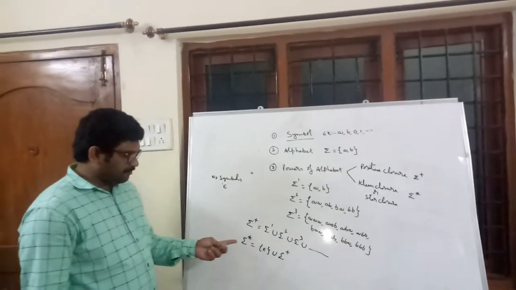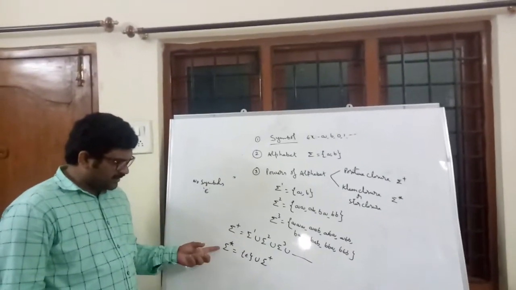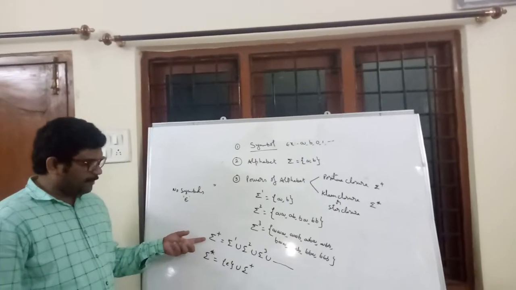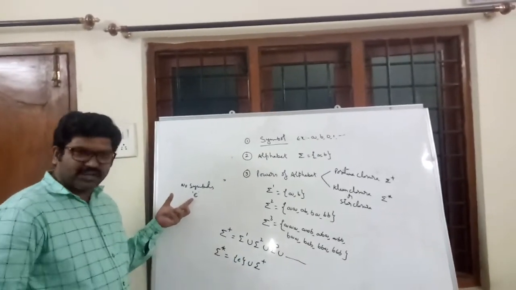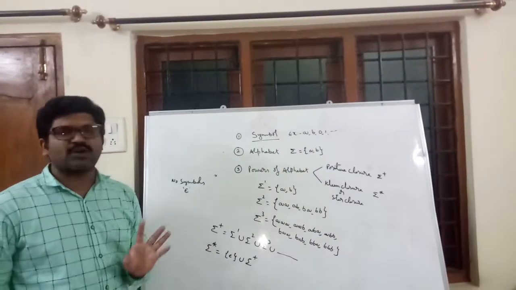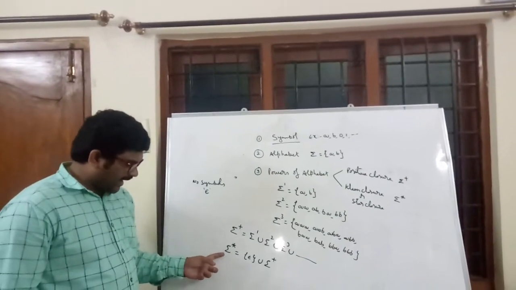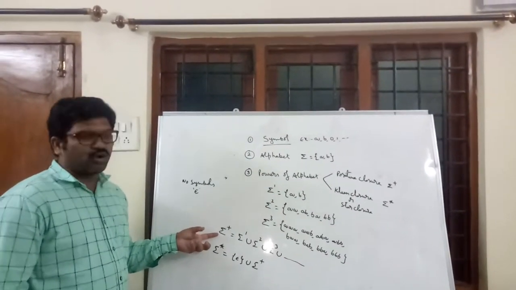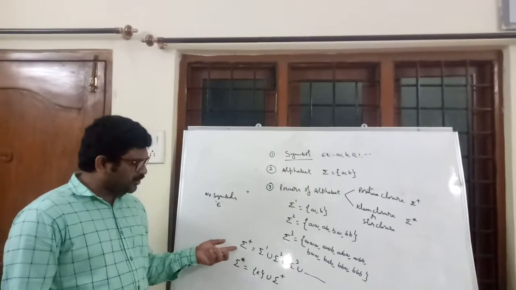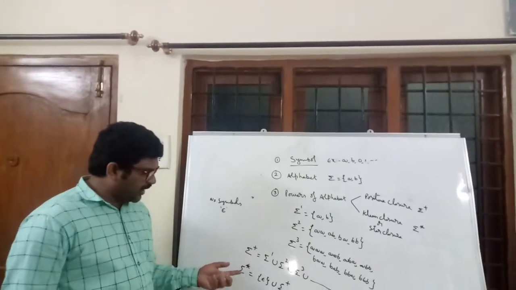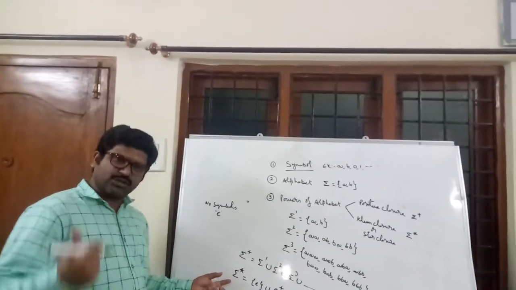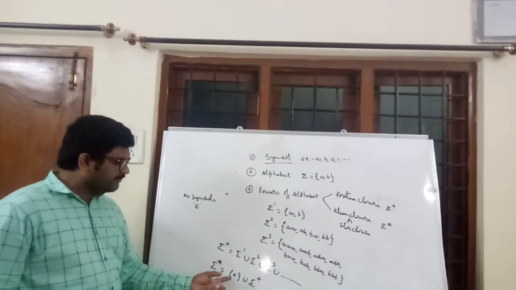So the difference between sigma plus and sigma star is, in sigma plus, this empty string is not available. That's the reason we call that a positive closure. But in sigma star, in addition to positive closure, whatever symbols are there in positive closure, all are included in sigma star. And in addition to that, you have one more, called the empty string.